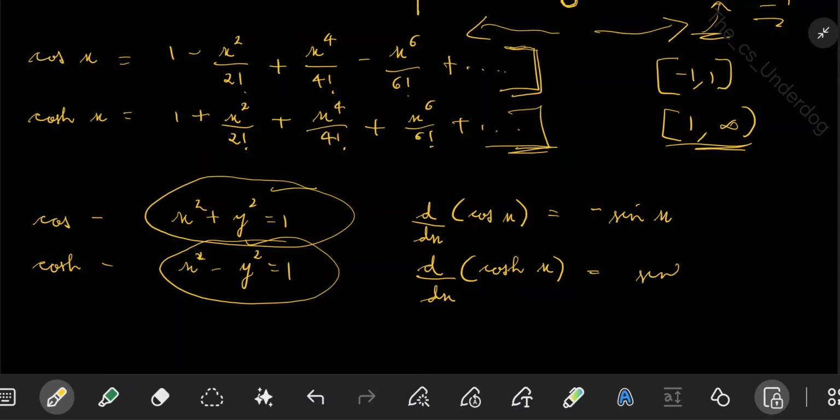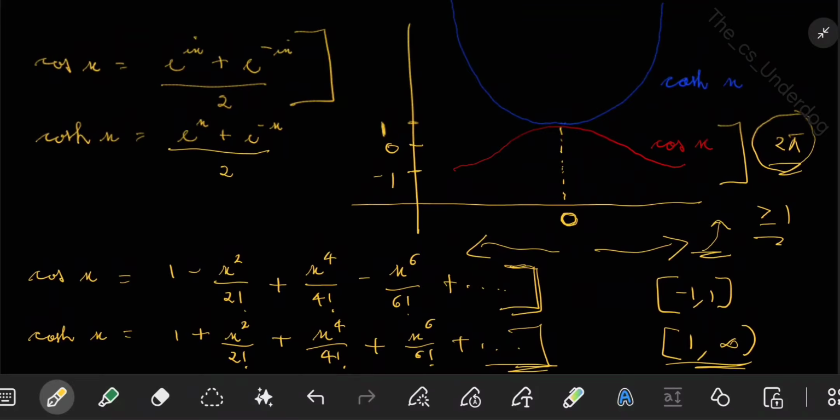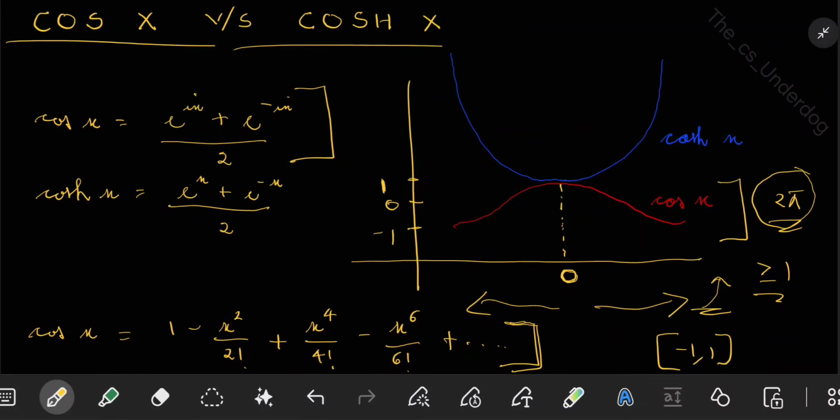The derivative is sin h of x. So this is the derivative of cos hx. So about cos, you know it is bounded and oscillatory. But about cos h, you know it is unbounded and exponential. So these are connected through Euler's formula. Okay, let's leave it there because it may not be significant for you. For now, just understand that cos x and cos h are different.